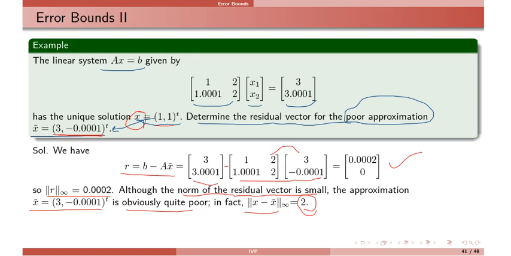So the error is big and the residual is small. So here we make one conclusion: if R is small, you cannot say that the error is small. Therefore we need to study a precise bound for relative error.